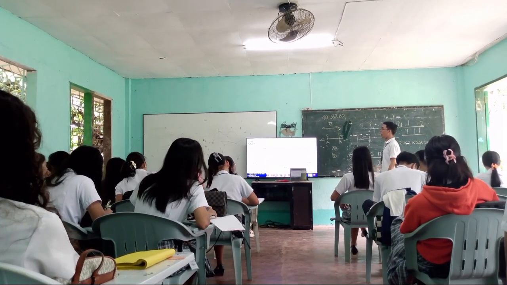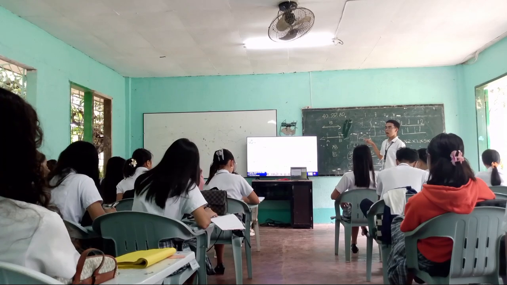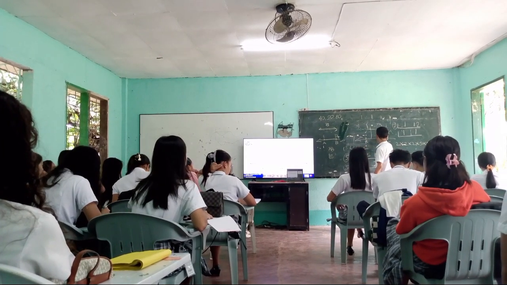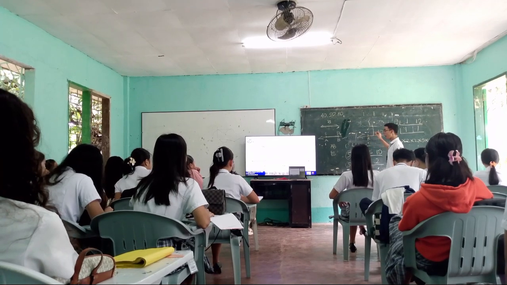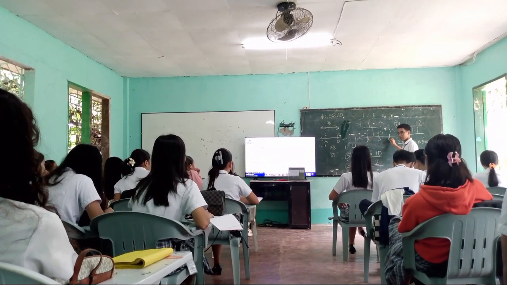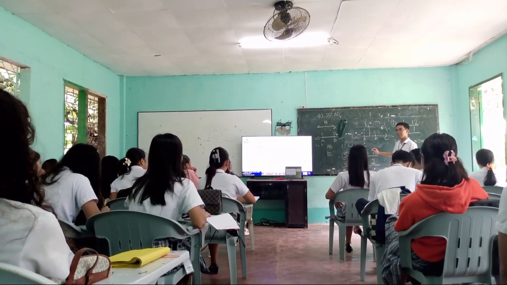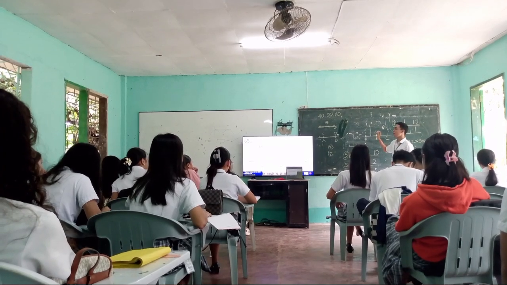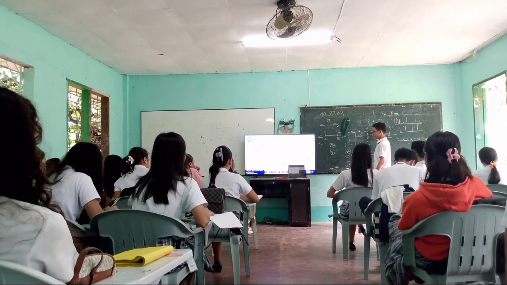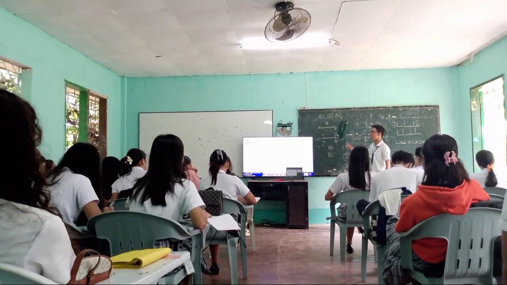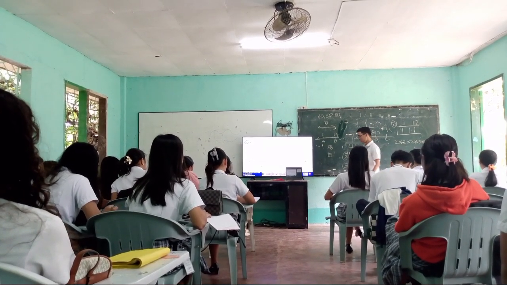However, a ray is just a part of a line. So for example here, we have ray AB of line AC. Line AC, the ray is ray AB.